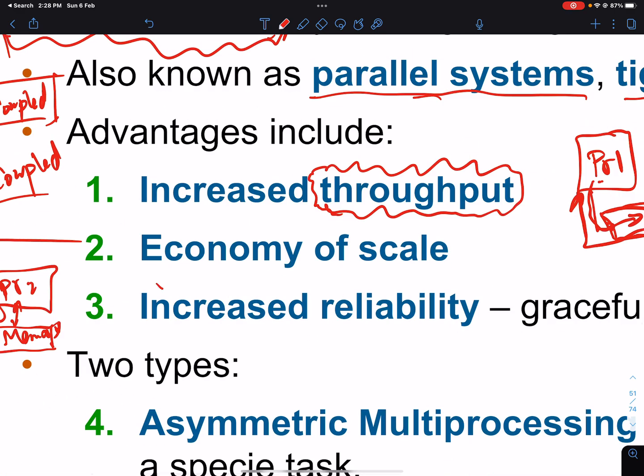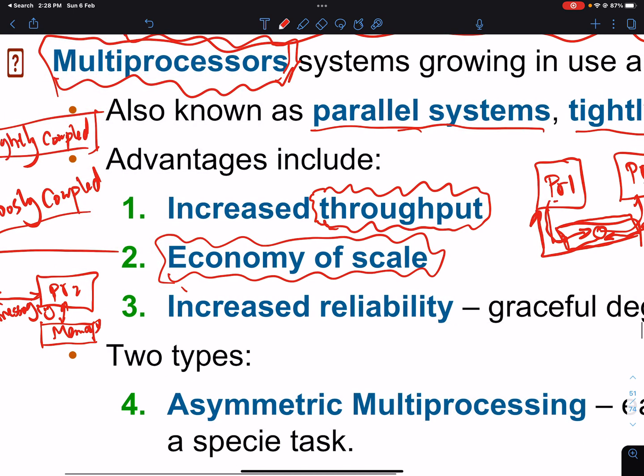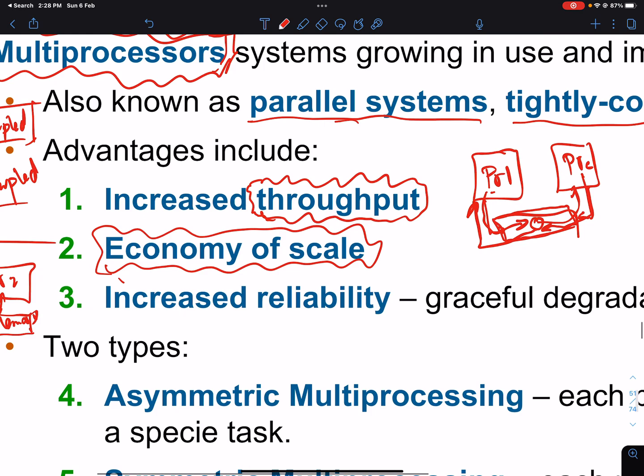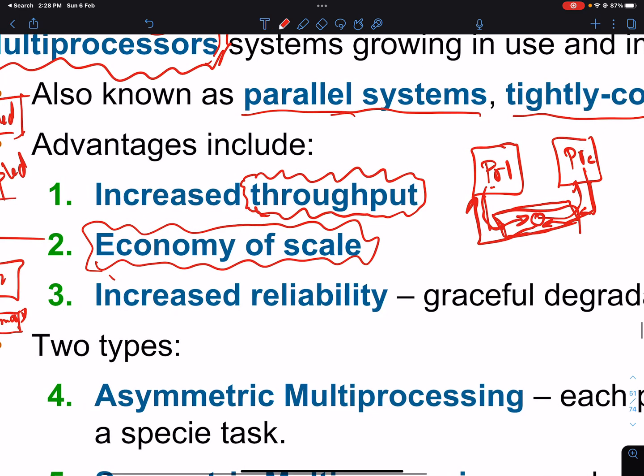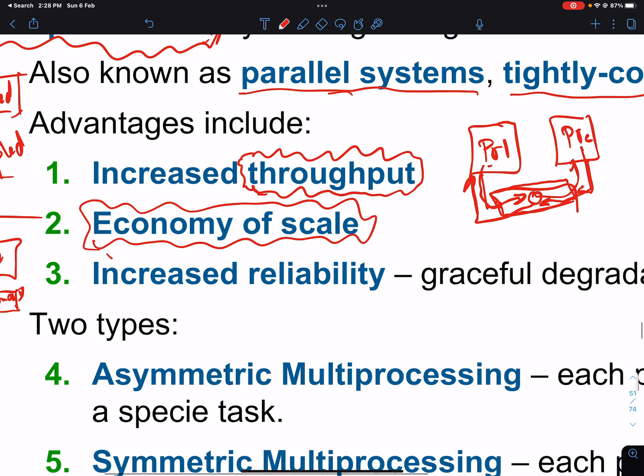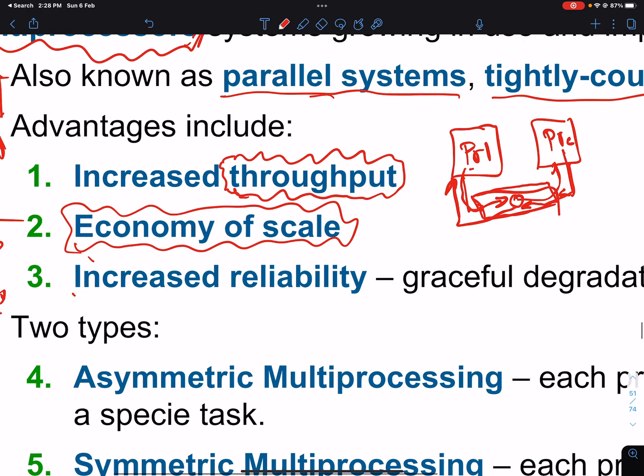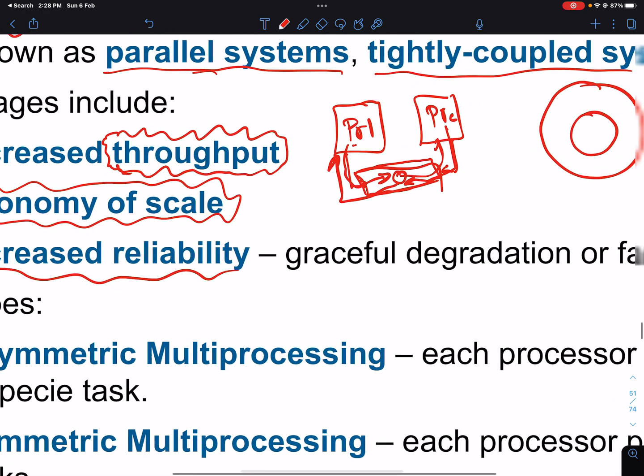We have also economy of scale. So increasing parallel systems would be more economical, instead of buying two different computers and trying to connect them together and so on. Increased reliability.